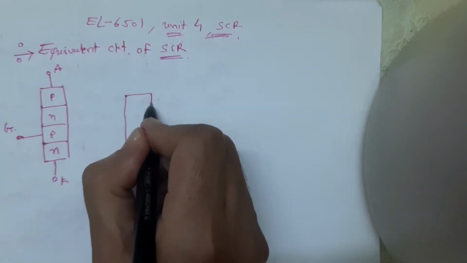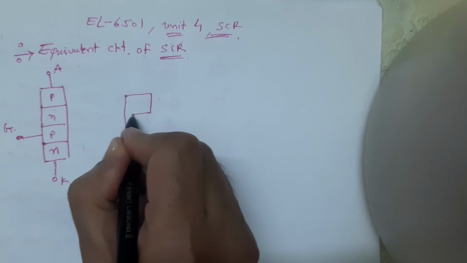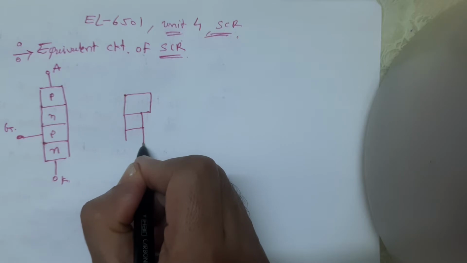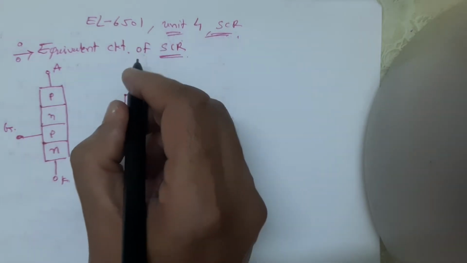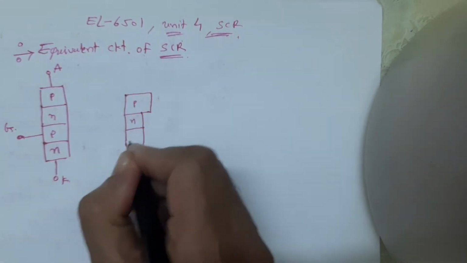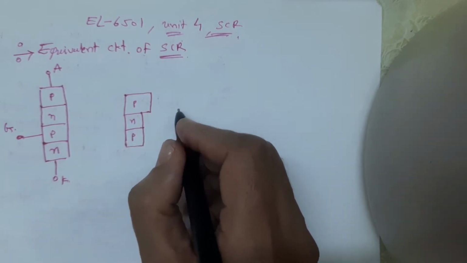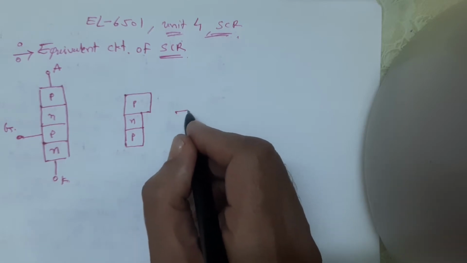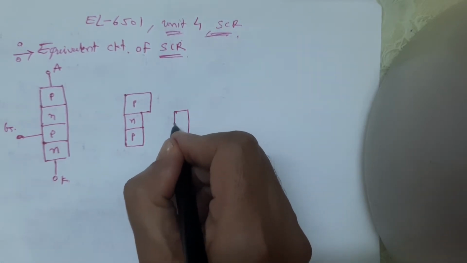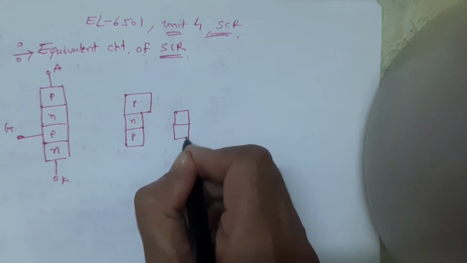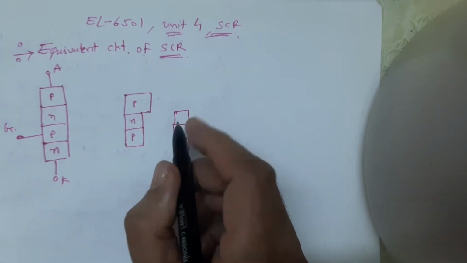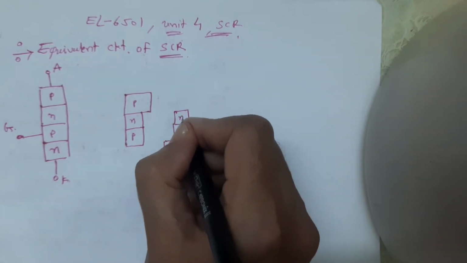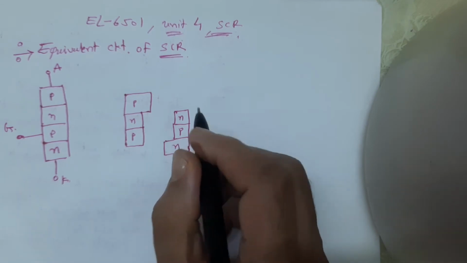This is your P, N, P, and the second is N, P, N. That means two transistors.